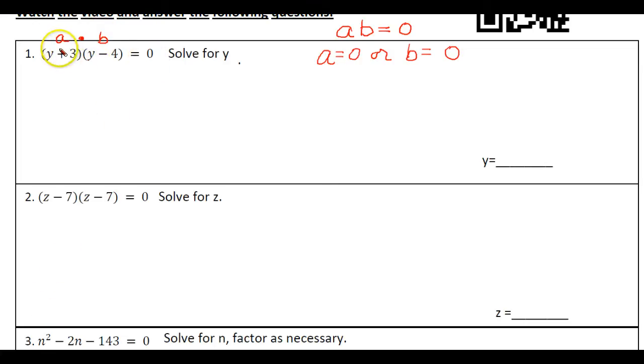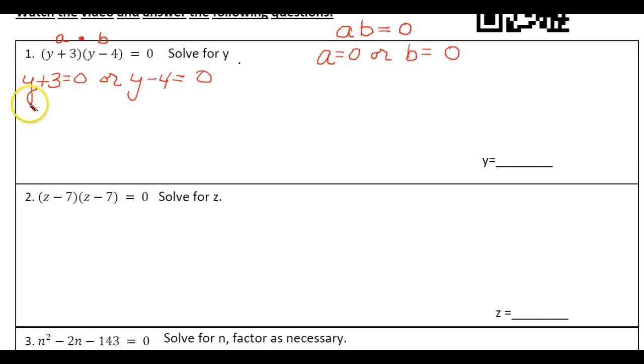The only way it can be true is that either this factor A, which we now know is y plus 3, is equal to 0, or this factor, which we're replacing B with, y minus 4, equals 0. What would be the value of y to make this a 0?